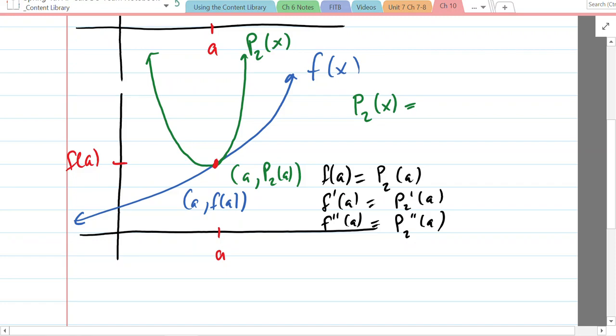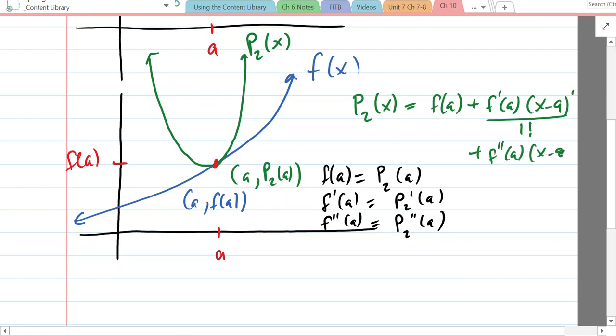Well, that means that when we go to write the second order polynomial, it is f of a, the value of the function, plus the first derivative at a times x minus a to the 1 power over 1 factorial, plus the second derivative at a times x minus a squared over 2 factorial.